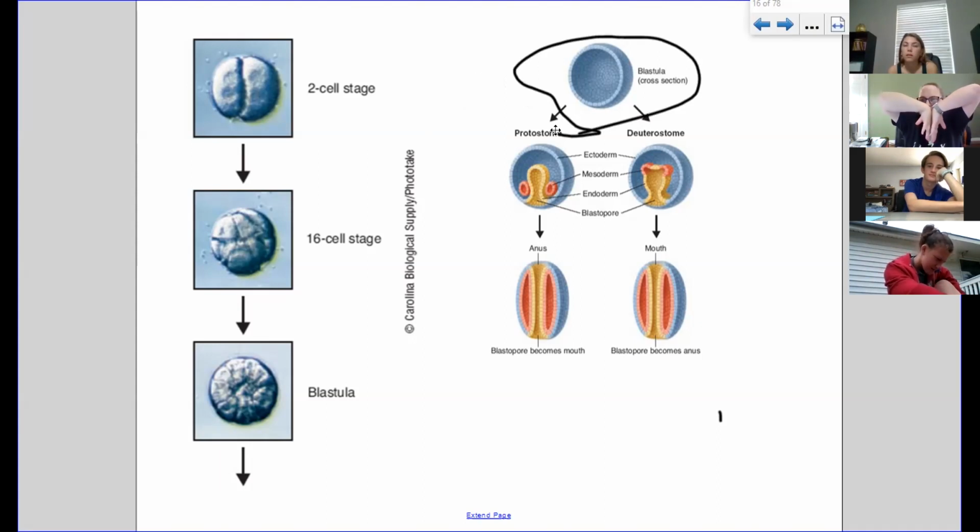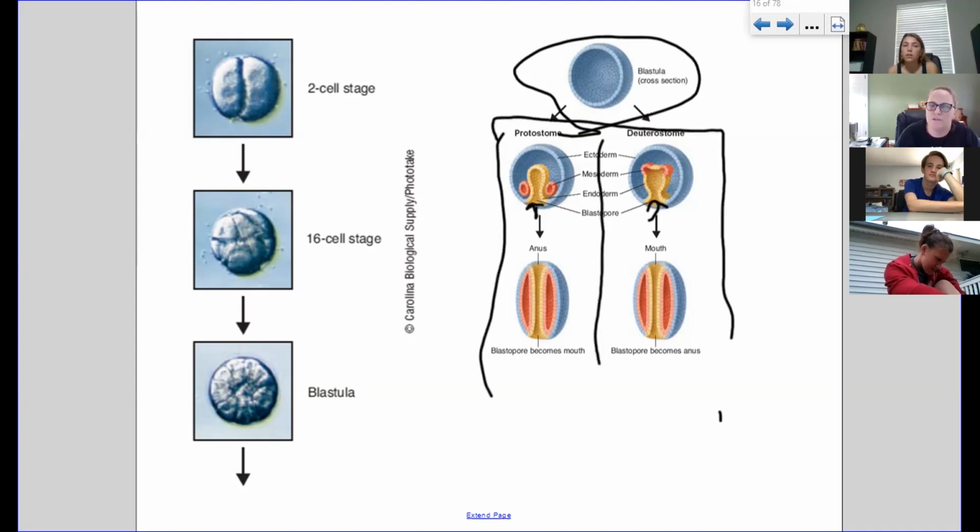And then it's gonna go like that. What this is showing in the second picture is right where that gastrulation happens, right where it starts to indent. Right here is where it's indenting. These are two different types of organisms here. One is called protostomes, and one is called deuterostomes.